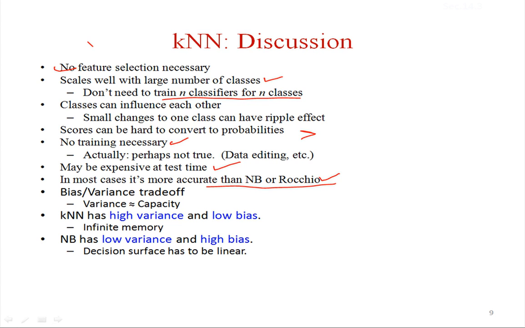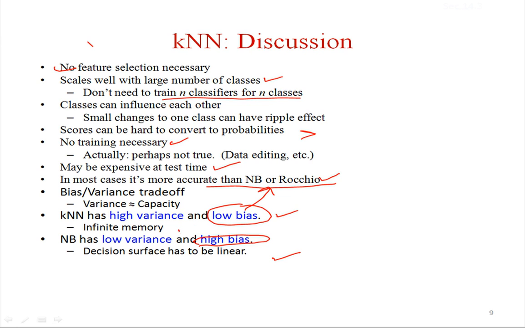Bias variance trade-off. K nearest neighbor has high variance and low bias. This makes this classifier more robust with respect to naive Bayesian and Rocchio. While the naive Bayesian classifier shows low variance and high bias, its decision surface has to be linear.